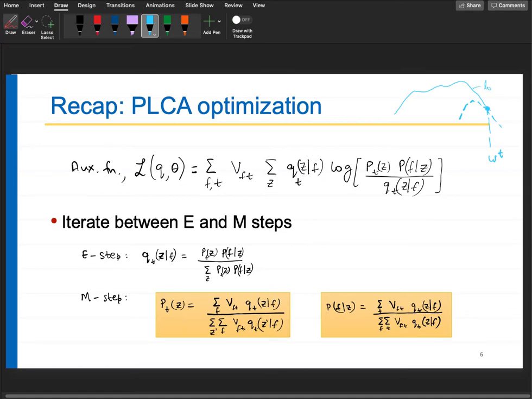This was your log of sum, and this function is your auxiliary function L. And if you maximize your L, you are assured that you are doing better on log of sum, right? This was the idea of Jensen's inequality and the basic principle of EM algorithm. This is just a reminder. I'm not telling anything new. It has all been discussed, right?